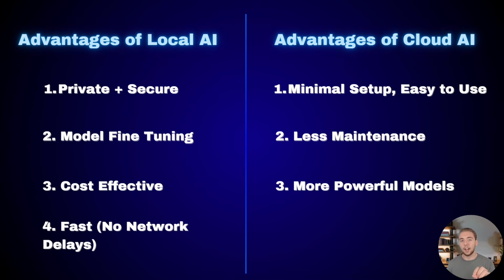That's why I think that local AI is such a big deal, because the advantages of local AI, those are just going to get more prevalent over time when businesses realize they really want private and secure solutions. And then the advantages of cloud AI, I think those are actually going to diminish over time. That's the key. Minimal setup, less maintenance.